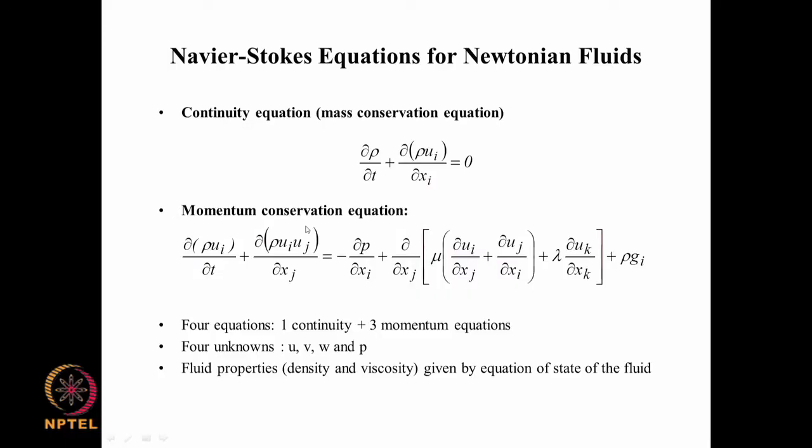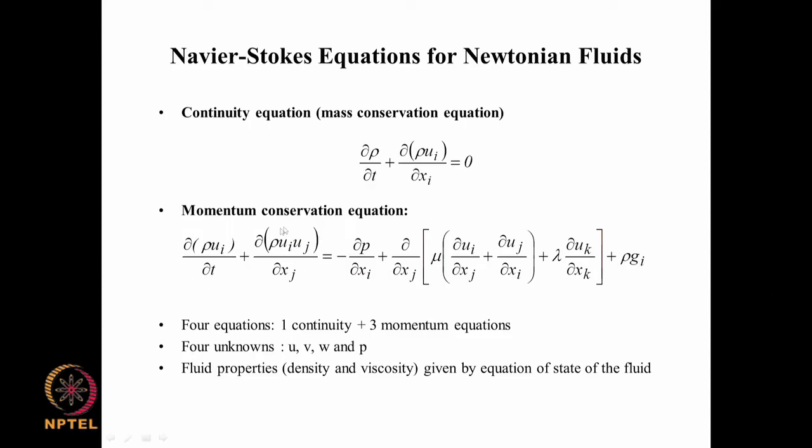Those are the two assumptions of the Newtonian fluid, and once we do that, we can substitute sigma as minus p delta_ij, so that gives us minus ∂p/∂x_i here plus ∂/∂x_j of the stress component, which gives rise to this equation.